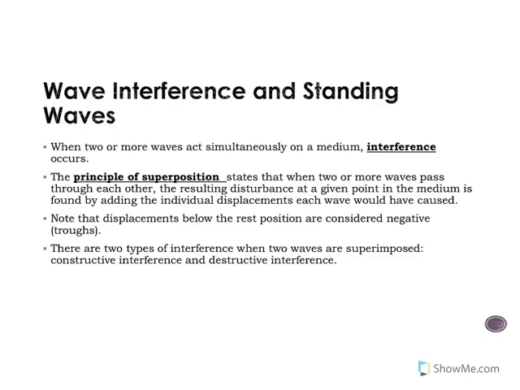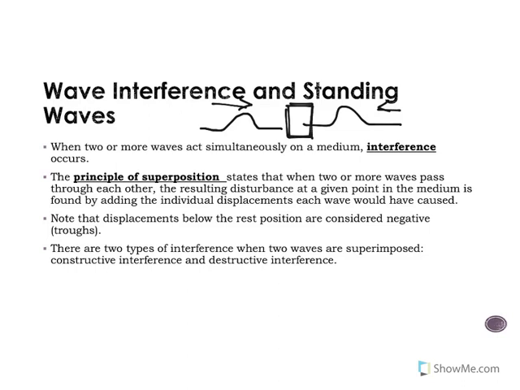So wave interference and standing waves. When two or more waves act simultaneously on a medium, interference occurs. That just means that one wave is traveling towards another wave and they meet up. The principle of superposition occurs right in the middle where they run into each other.